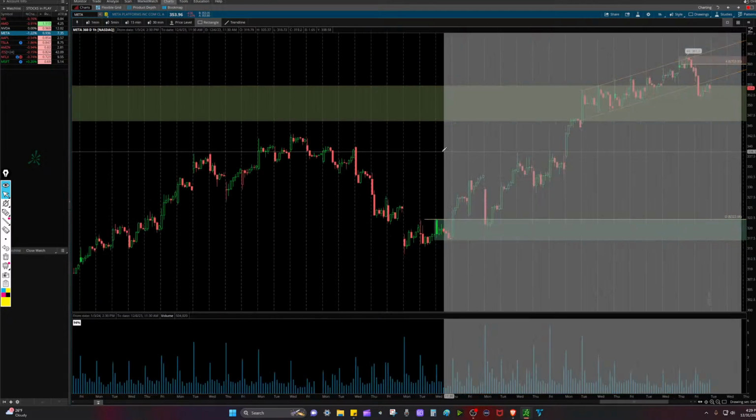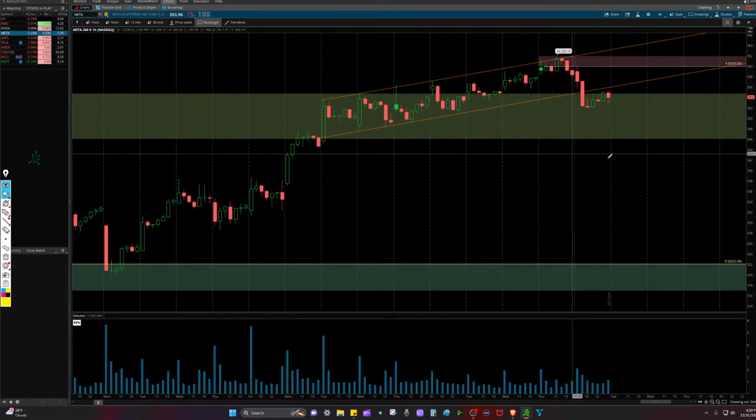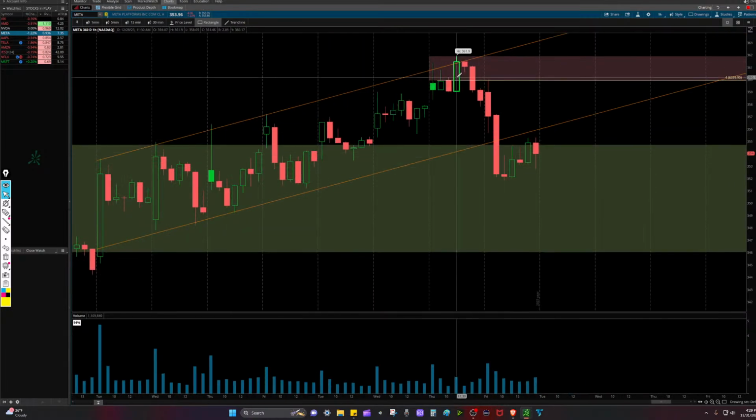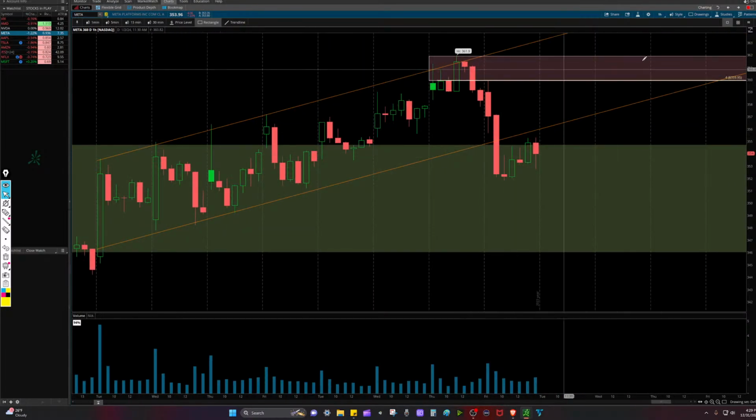If you guys are wondering how I am drawing my supply or demand zones, here is a quick breakdown on what supply zones are.